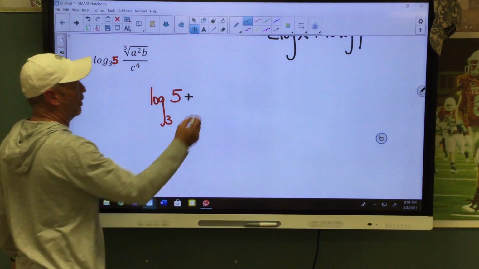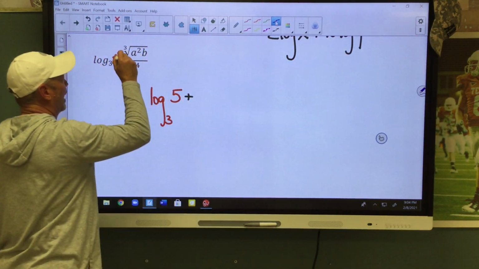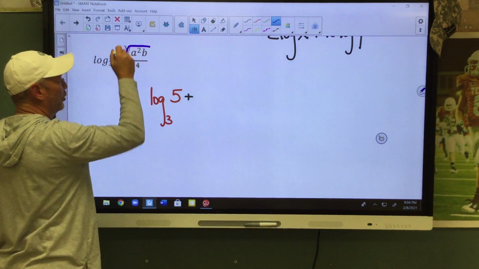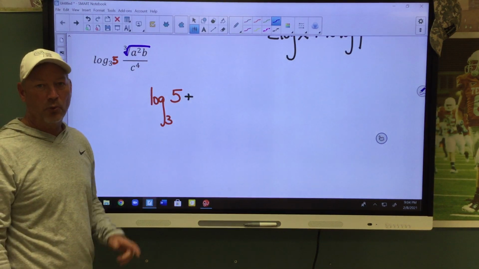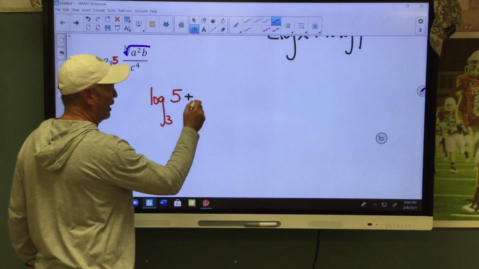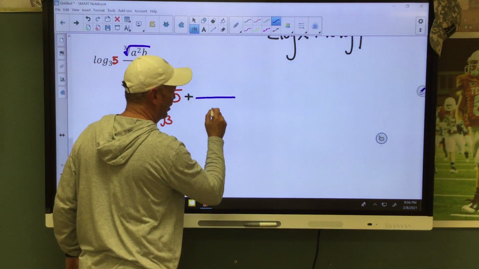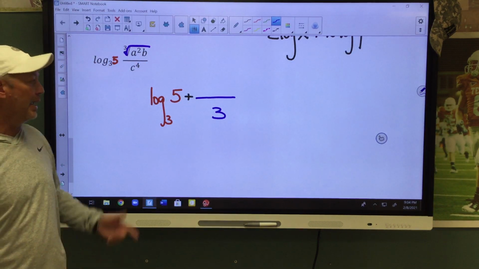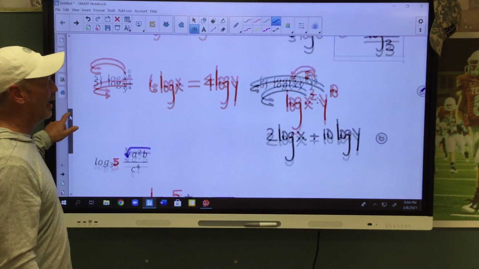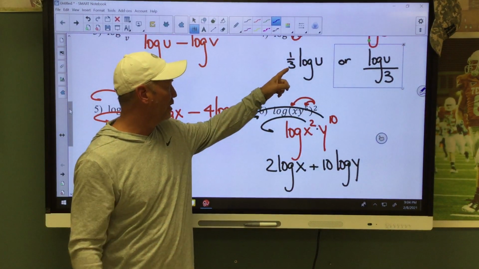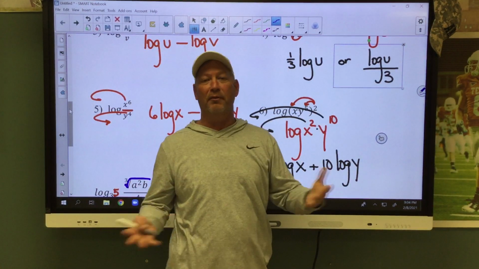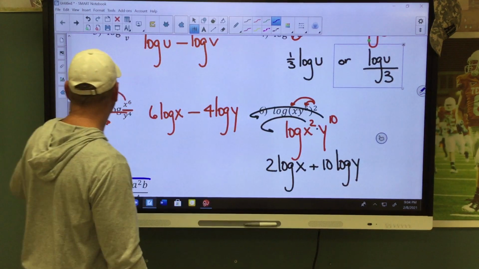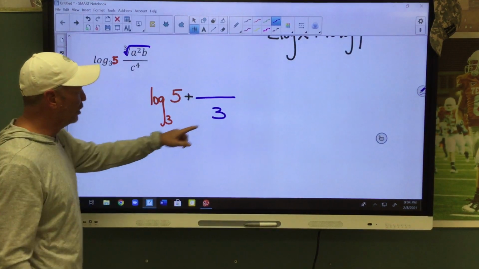Now look at my radical. I'm going to take the cube root. I am taking the cube root. So right off the bat, that makes me think, okay, I'm going to take the cube root of somebody. I could write it as a fraction, or I could divide by 3. I'm just going to divide by 3, okay? So this tells me I am taking the cube root.